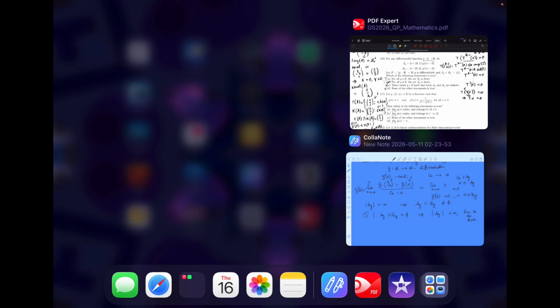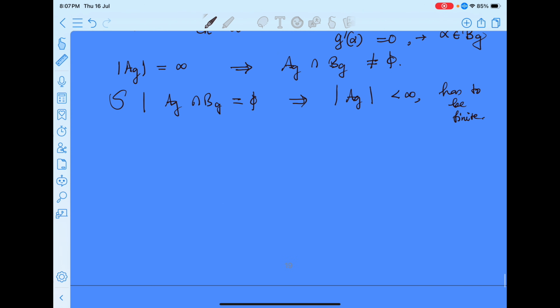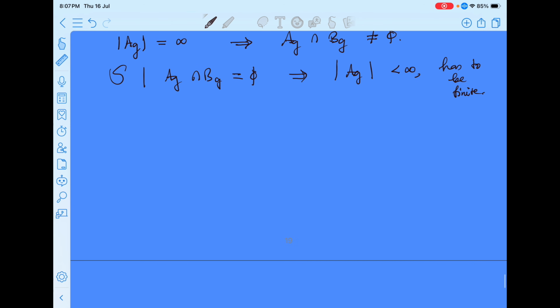I can produce a function such that this is infinite. You don't need to check that, but let us define a function.